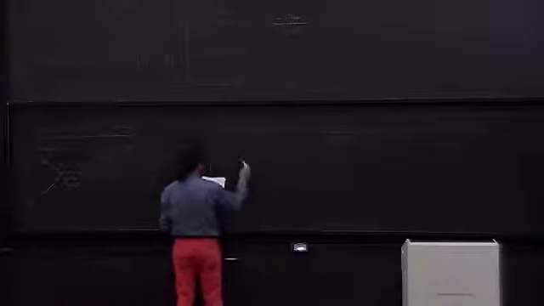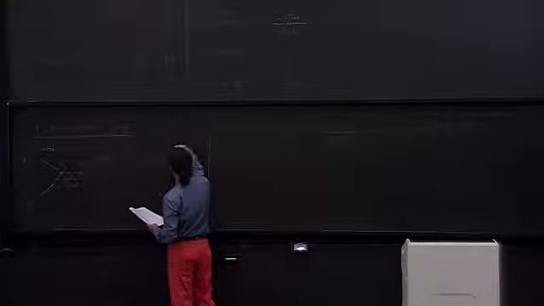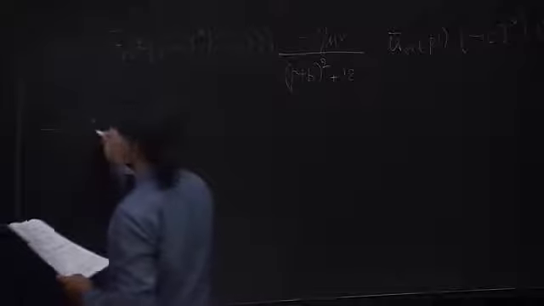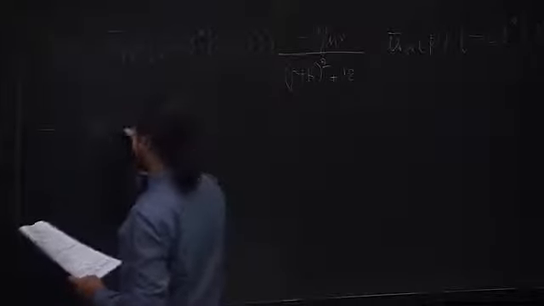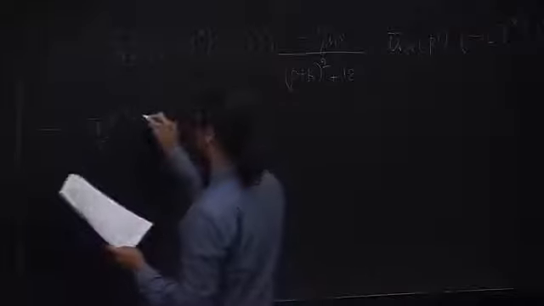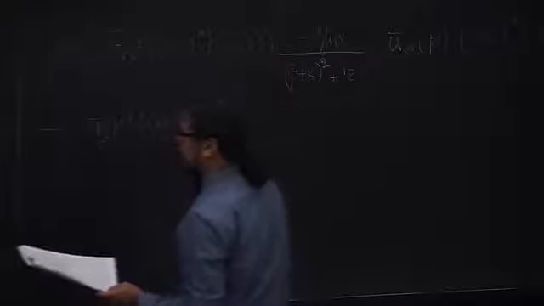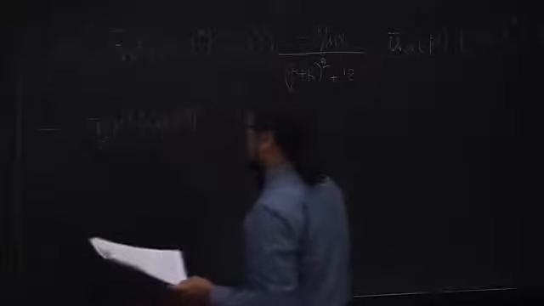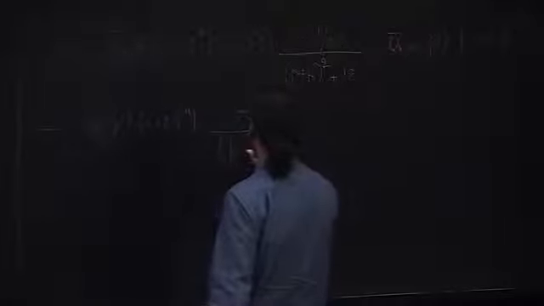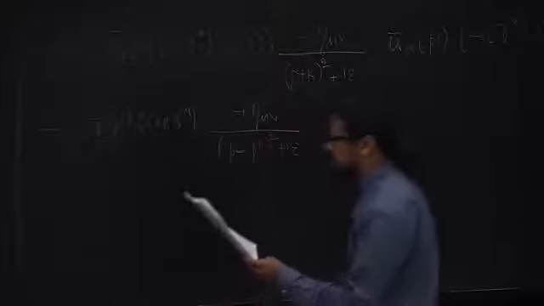So let's take, say, this one. Then we get a U bar of P prime, S prime, and then minus i e gamma mu. And then we have a propagator, eta mu nu, over (P minus P prime) squared plus i epsilon.